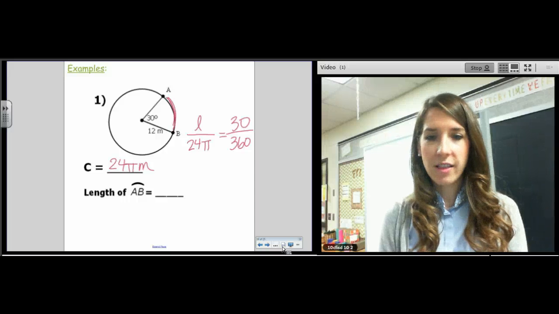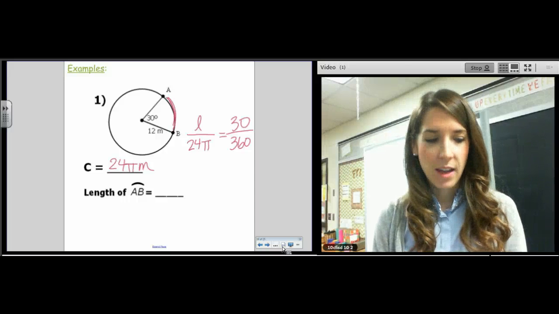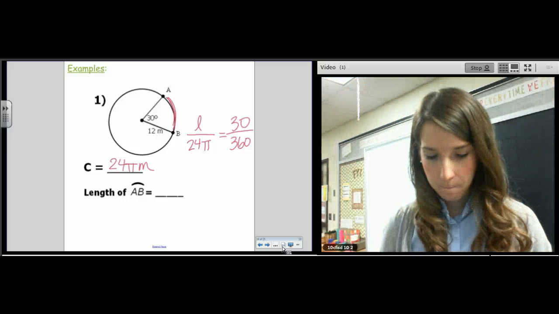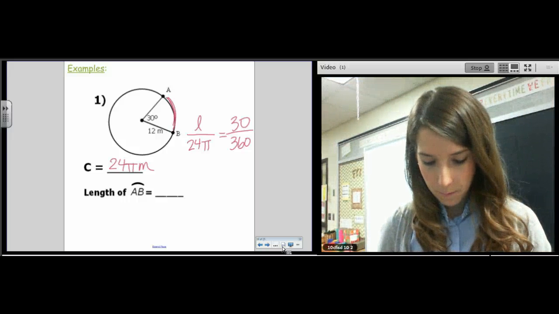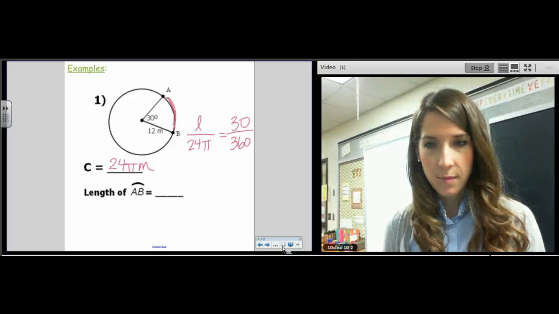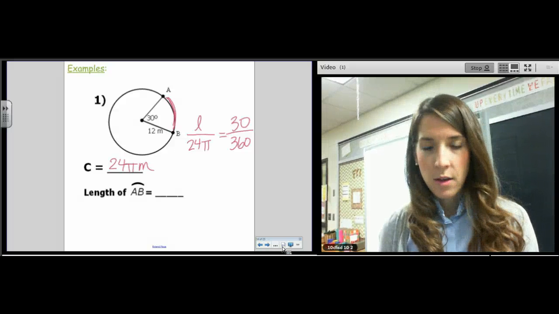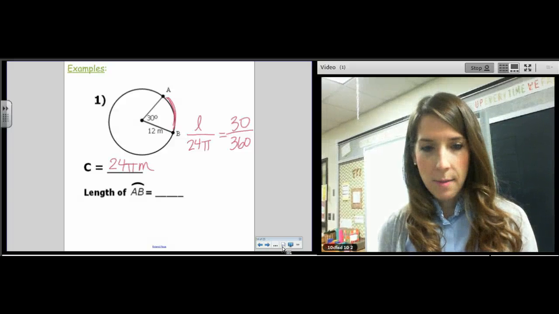What is the arc length, guys and gals? What is the arc length? Do not press the pi button. 24 times 30 divided by 360.